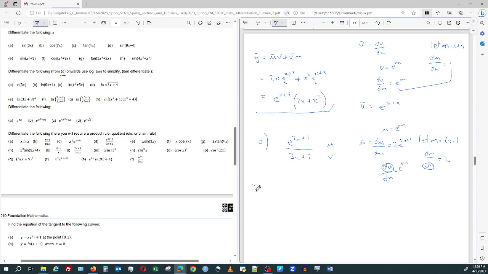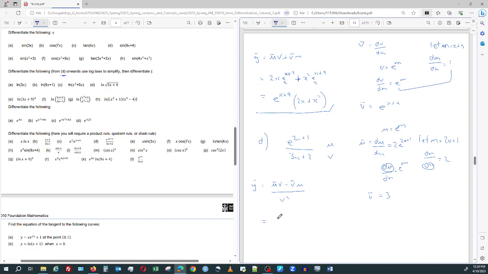So y dash, and what about v? What's v dash? V dash is equal to 3. So we've got all the parts. Now u dash v minus v dash u over v squared.